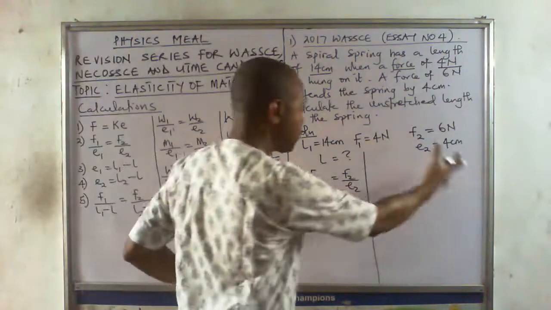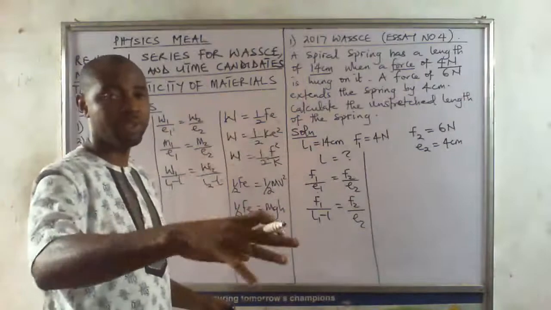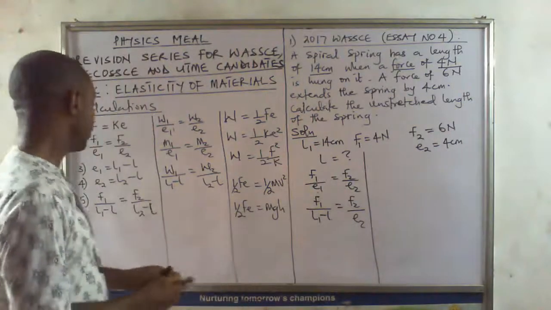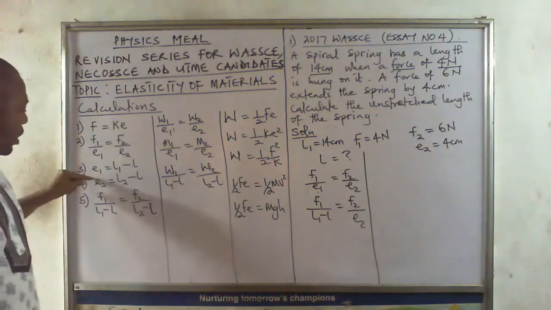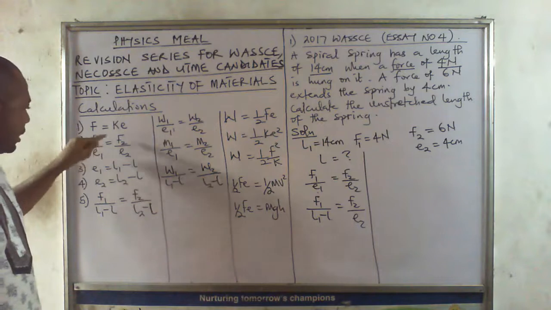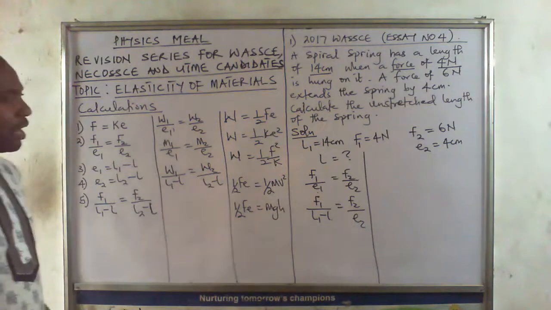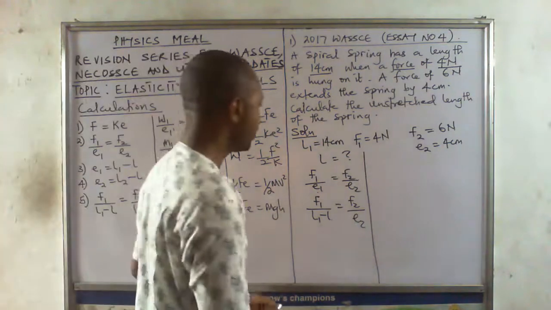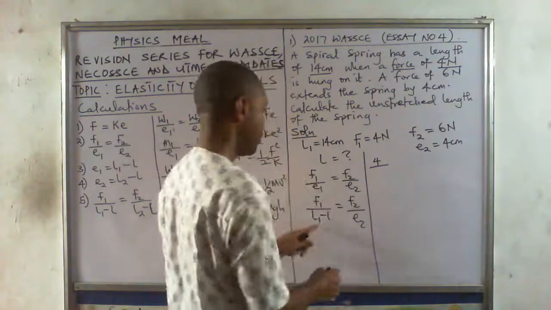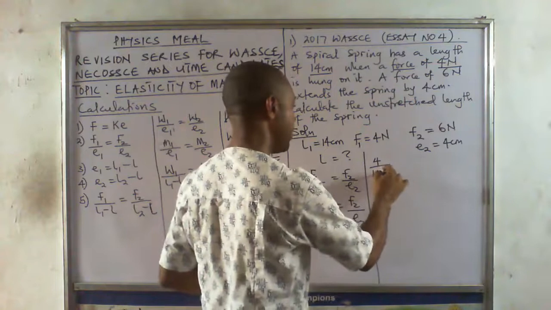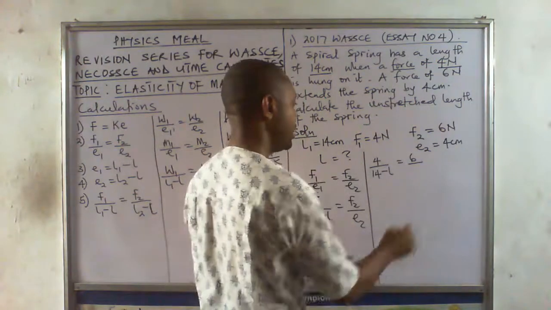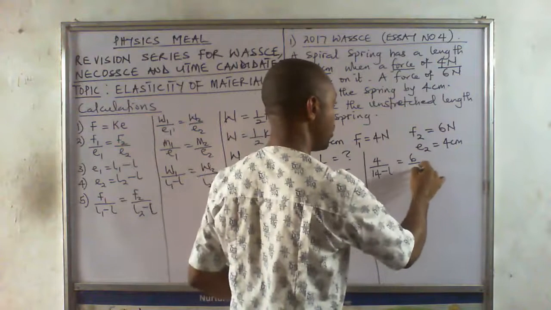So I have explored. Remember, we identify, we set up, and then we explore. We obtain the suitable expression. How did we do that? We combine two expressions, this and this, in order to arrive at that. So if we now substitute, F1 is 4 Newton, all upon L1, which is 14 minus L. F2 is 6, all upon E2, which is 4.